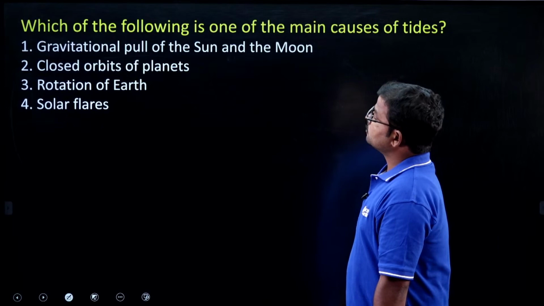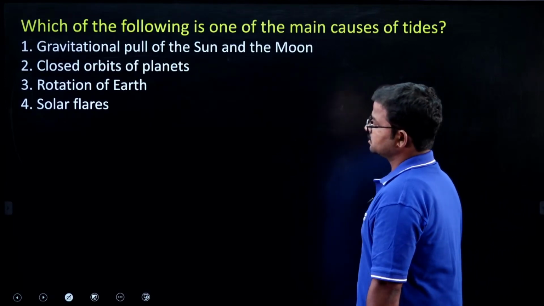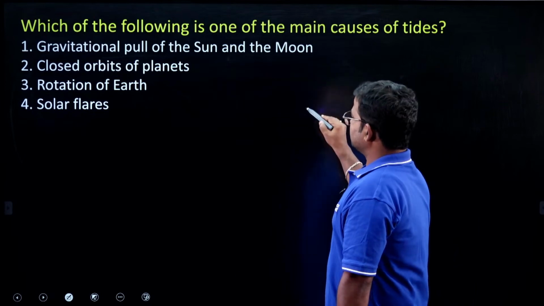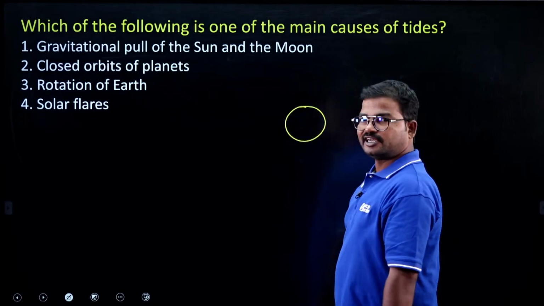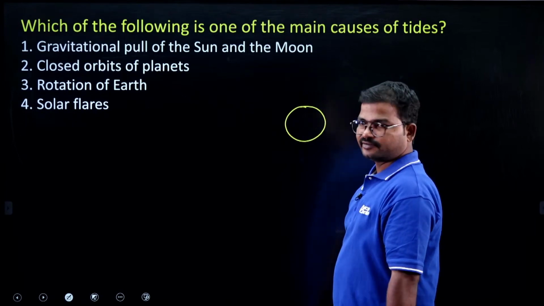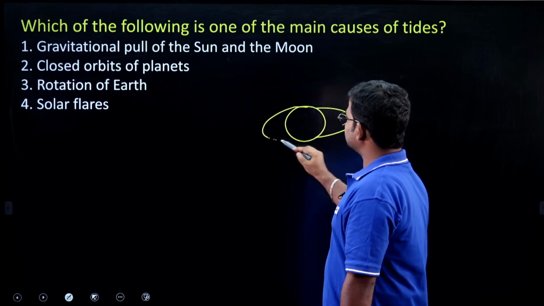Next one. Which of the following is one of the main causes of tides? Suppose you consider Earth. It looks spherical, but when it revolves around itself, it looks elliptical, just like this. Why?